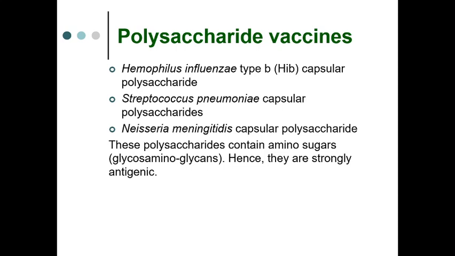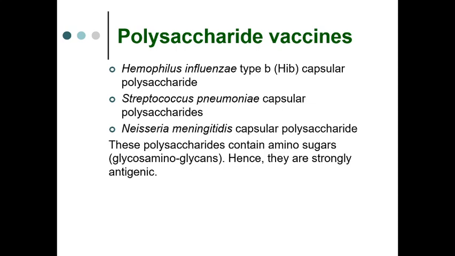The other type are the pure polysaccharides, which do not contain glycosaminoglycans. Those polysaccharides which contain glycosaminoglycans are strong antigens, whereas the other polysaccharides which do not contain glycosaminoglycans are not strong antigens. In that case, such polysaccharides may need assistance from another molecule, which we will discuss a little later.